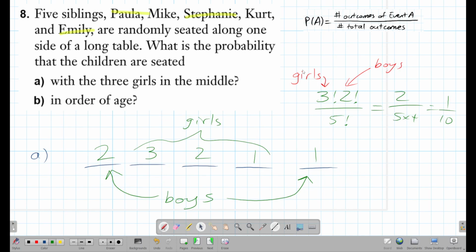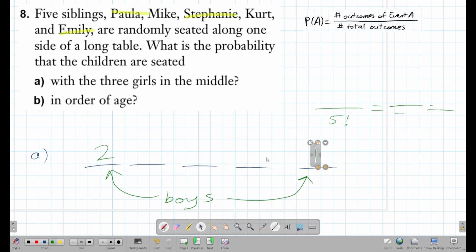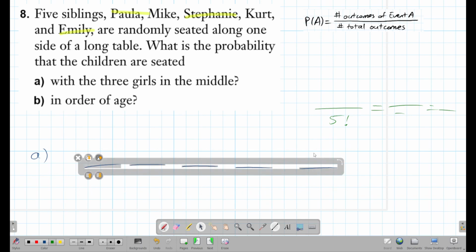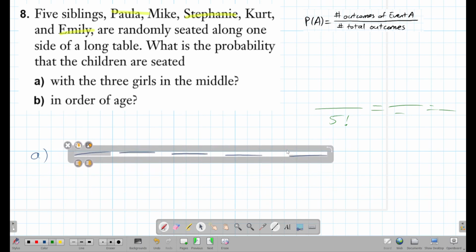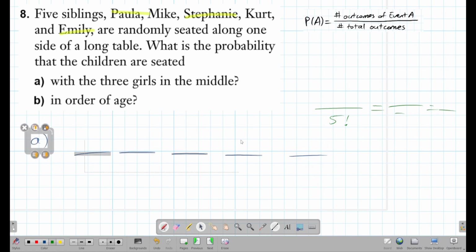All right. So A is, I would say, pretty straightforward. B is where it gets a little bit more interesting. I'm going to reset some of this stuff. Now we're going to look at B, which says, what is the probability that the children are seated in order of age?